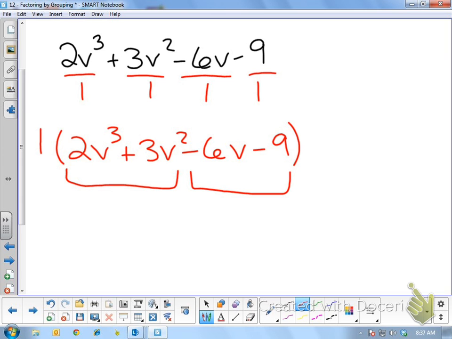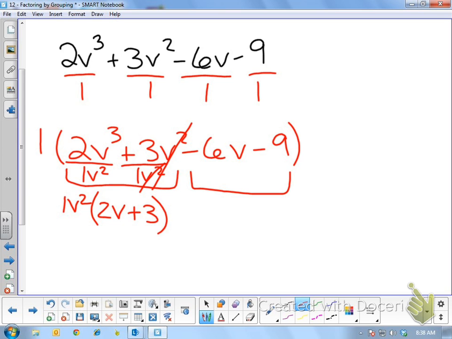What divides into the first 2? 1v to the second. We use the lowest exponent, not the highest exponent. So now we divide each of these by 1v squared. And when we divide 2 divided by 1, it's still a 2. V to the third divided by v squared is just v. 3 divided by 1 is just 3. And the v's cancel out.